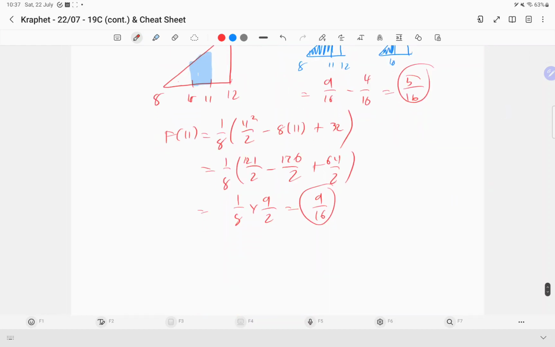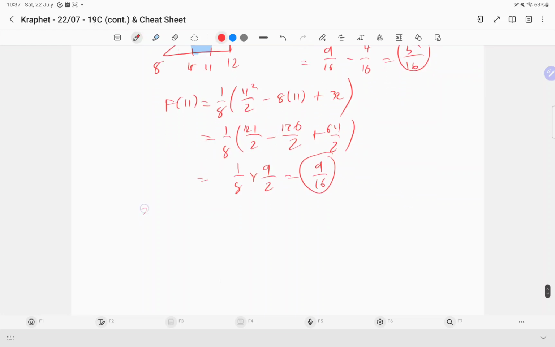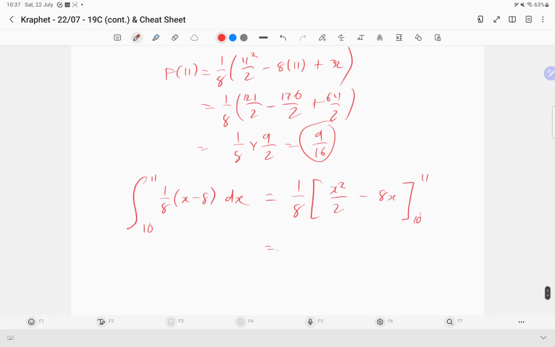Okay, so note that you may think that, oh, you still need to do a lot of calculation. But imagine if you have to do this. Right? Imagine if you have to do 1 over 8. I'll show you the alternative. X minus 8 here, dx. Okay, if you have to do this, you can take this one out, and then you're going to go x squared over 2 minus 8x from 10 to 11, and you have to do quite a bit of this just manually, right?